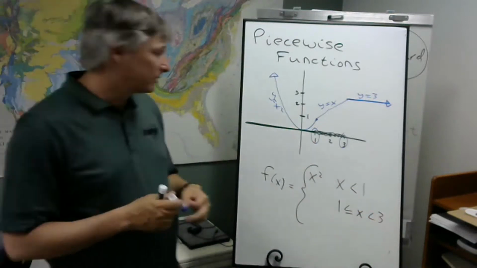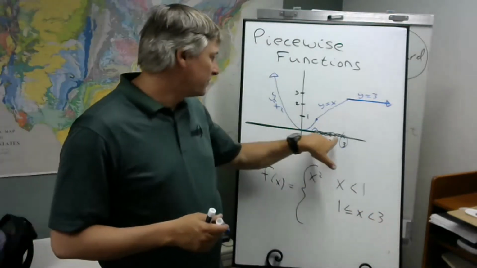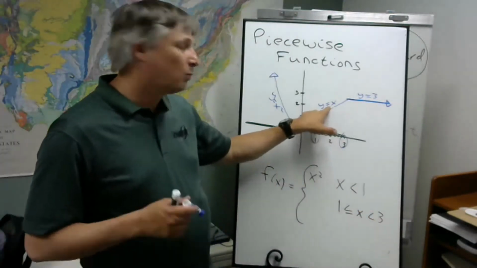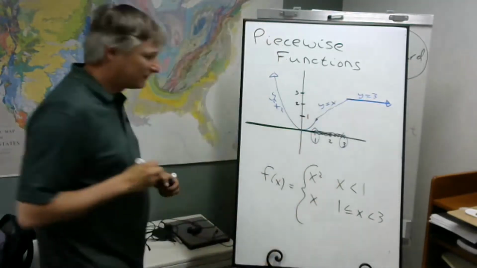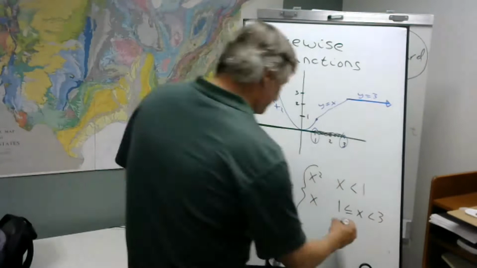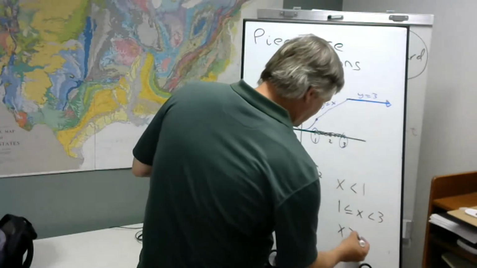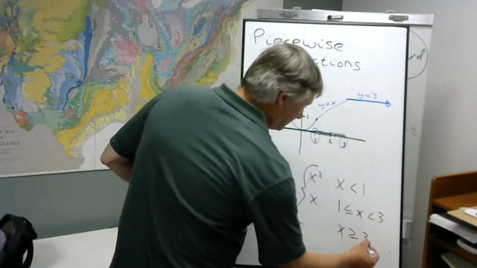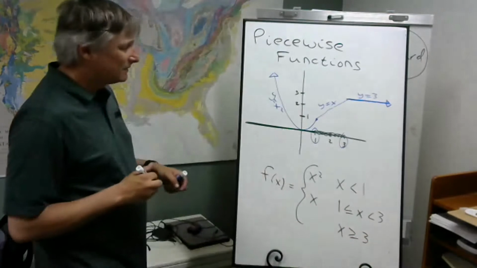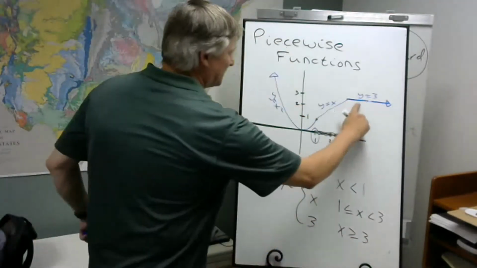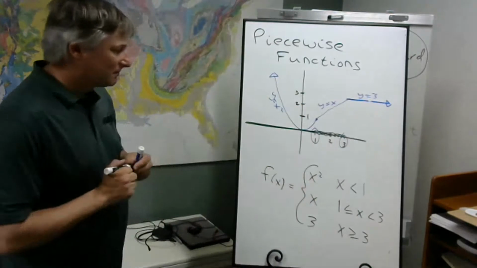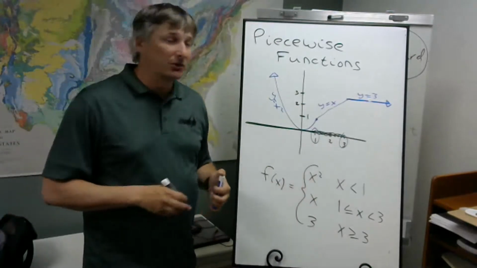So what's going on here? Well, over this interval, we have this piece, y equals x. So the function is x. And then for x greater than or equal to 3, again, this is where we're starting. But we have 3. That's what this piece is. And that's your piecewise function.